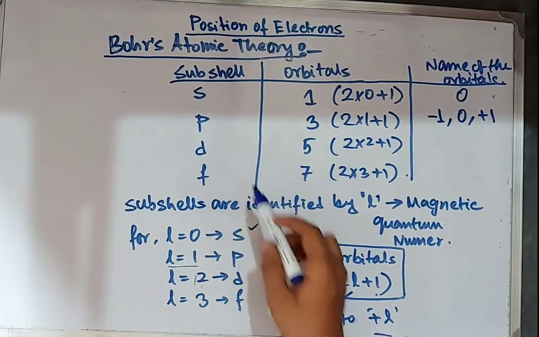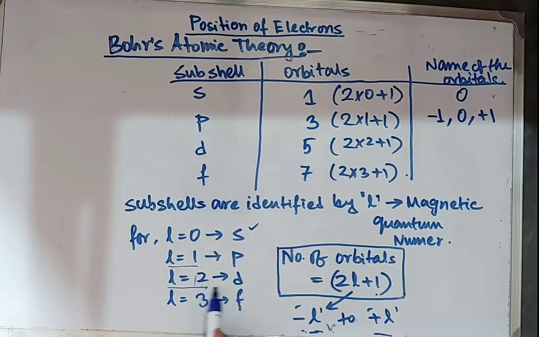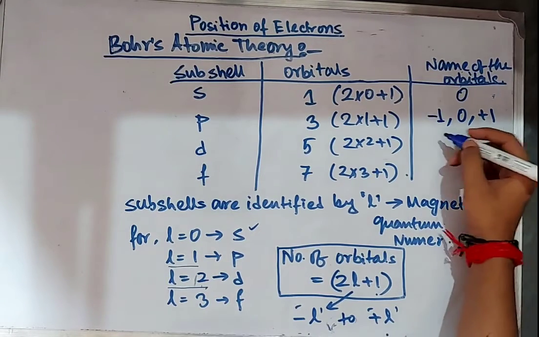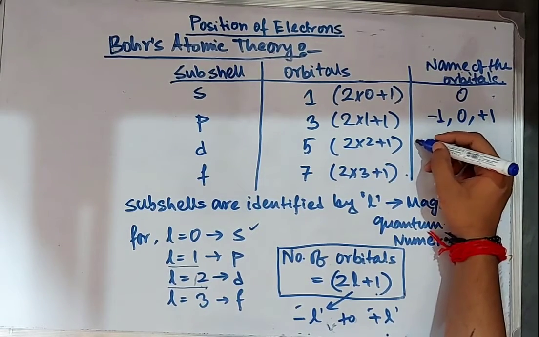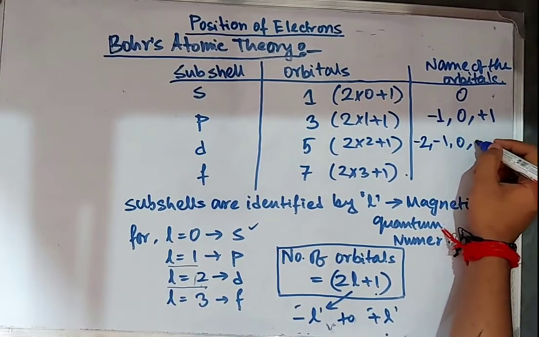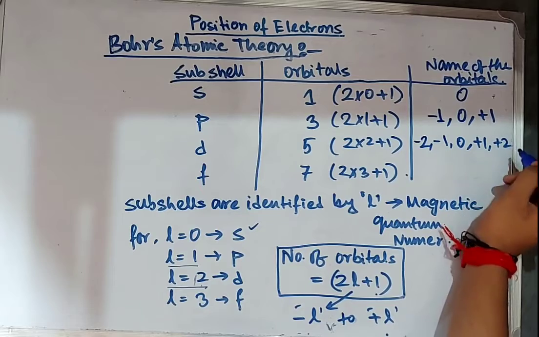For D, the L value is 2, so the orbitals are represented from minus 2 to plus 2: minus 2, minus 1, 0, plus 1, plus 2.